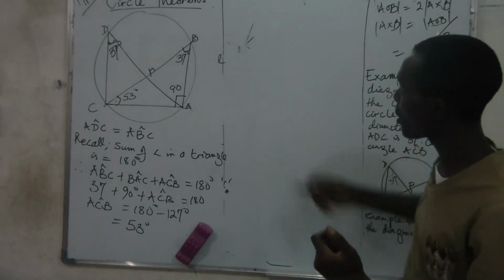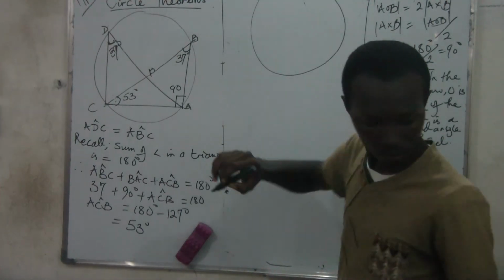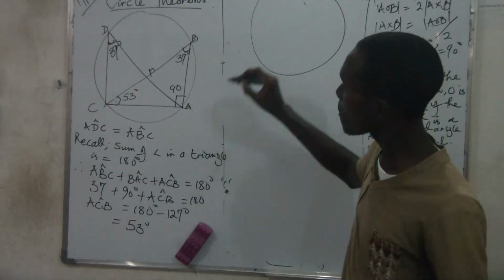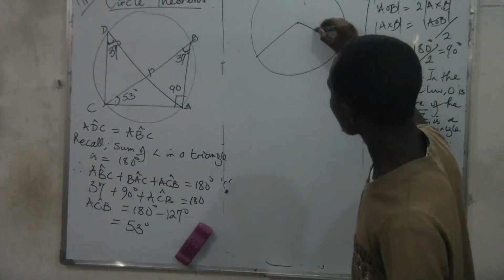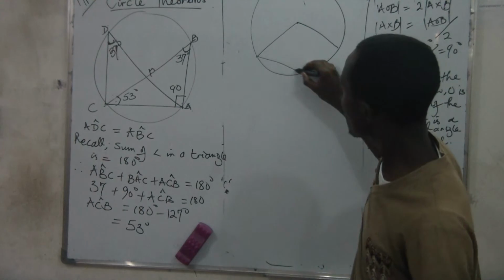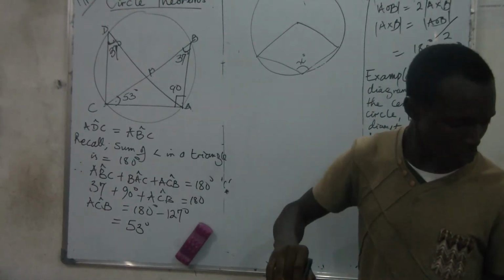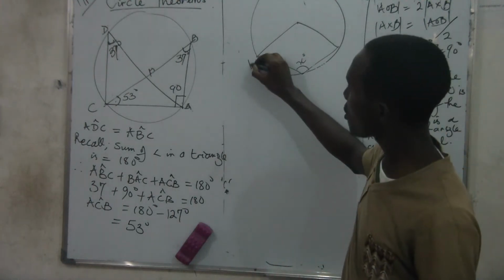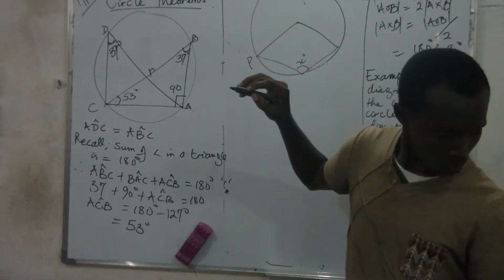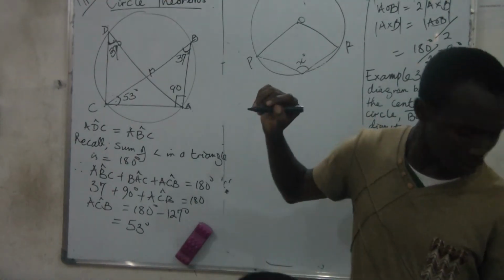This is the nature of the diagram. This is x degrees, the angle we are looking for, and this is P, O, R.